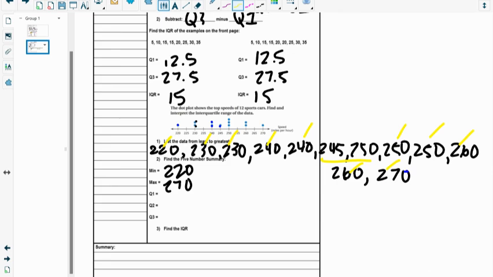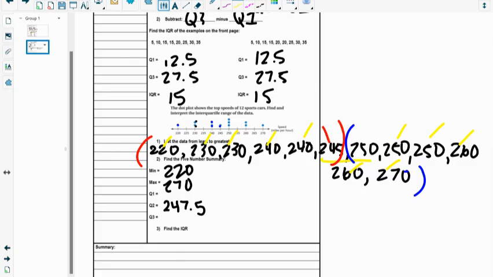That was not right. 245 plus 250 divided by 2 is 247.5. That's our Q2 because that's our middle. Then we make a smaller group with the 245 and a larger group that includes the 250, so I have the same number in each group.